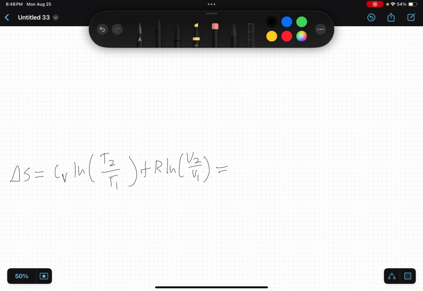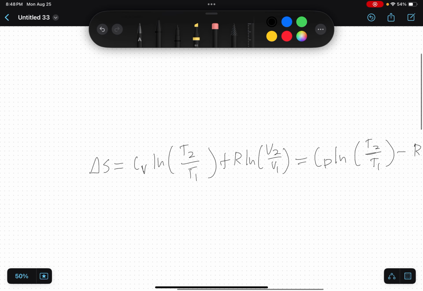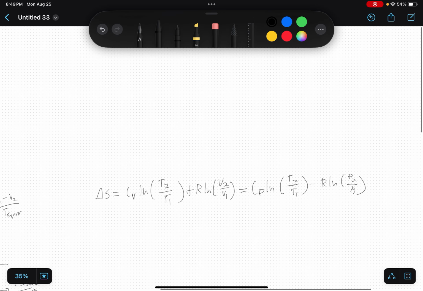This also equals Cp ln T2 over T1 minus R ln P2 over P1.